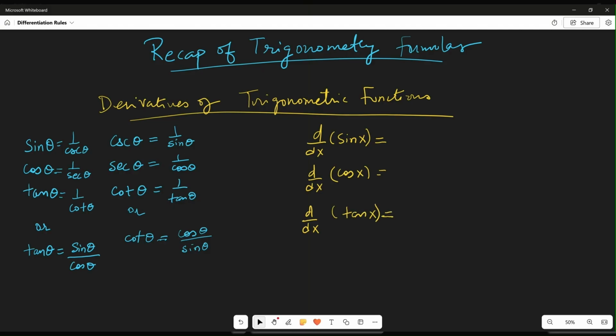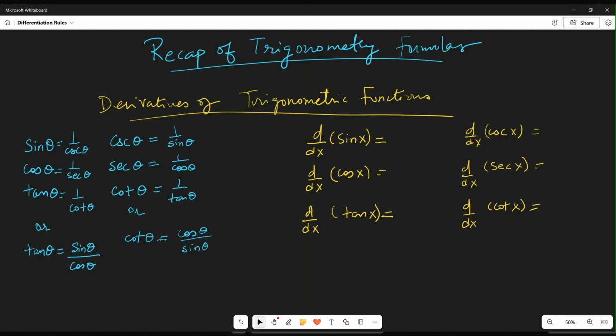And as we have seen here, derivative of cosecant of x, derivative of secant x, and then derivative of cot x.